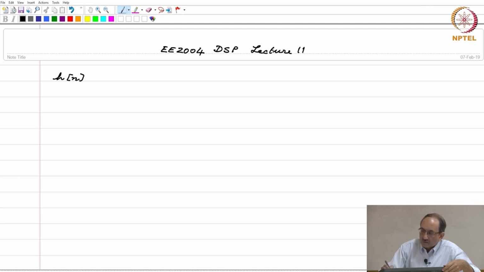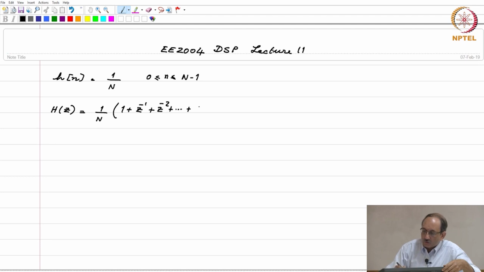We had h of n to be 1 over N for n between 0 to capital N minus 1, and the corresponding H of z, if you apply the straightforward definition, is 1 plus z inverse plus z power minus 2 all the way up to z power minus N minus 1, and this can be written as 1 over N times 1 minus z to the minus N by 1 minus z inverse.